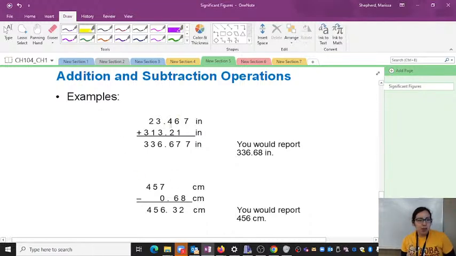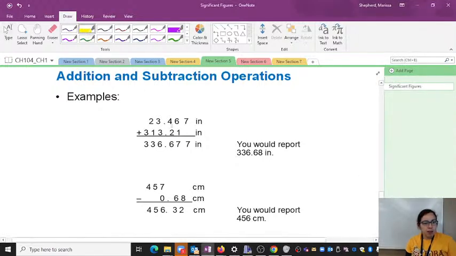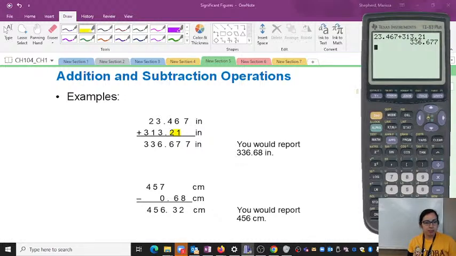We have 23.467 plus 313.21, so let's punch that in. Our calculator spits out that answer, but we're limited to 2 decimal places, so we can only report out to the hundredth. We have to round, and that gives us 336.68.